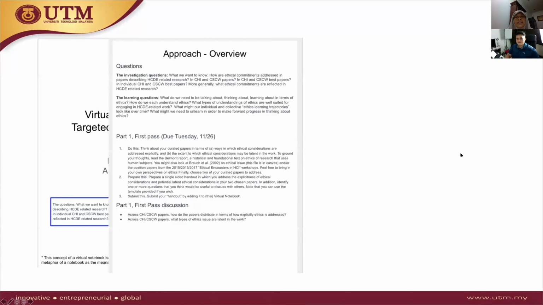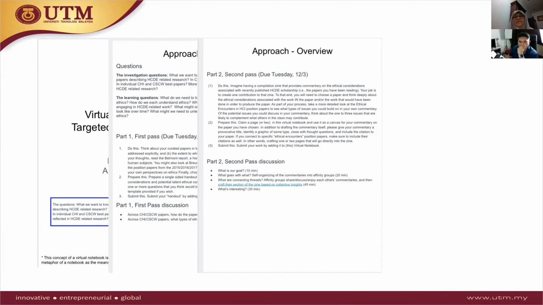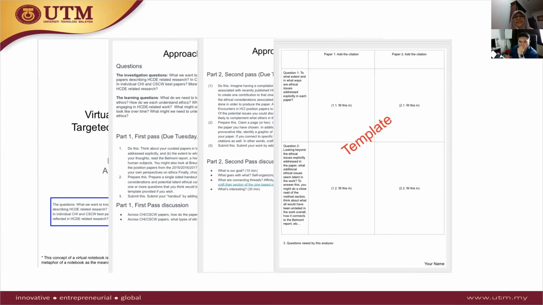So she guided the students with several different phases. This is the first pass, her first phase, and she guided them with what to think of, how to do it, what to prepare for. Okay, so this is the second part. What are they supposed to do in the second part? She gave them templates on how to bring out the ideas.